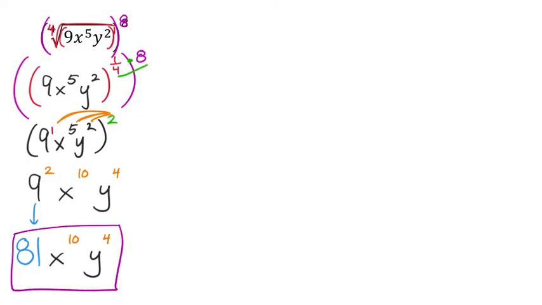I can't emphasize this enough, but what I did there was just one way to do this. Some students may work with the 1/4 and this stuff on the inside. At this point, you could have distributed the 1/4 into the parentheses, and then you would add that to the power of 8 and then distribute the 8. You should still get the same answer, but it's just a different path to take. Is that really the order of operations?